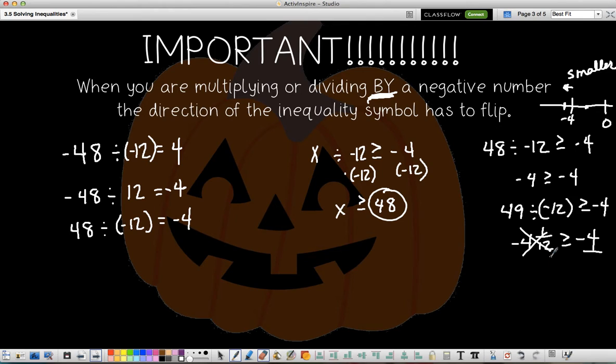That's why the inequality symbol has to flip, because of the fact that you're changing the sign of the solution. So here we had a negative, and since we multiplied by a negative, we changed it to a positive. So because we changed that sign, we have to change the inequality because now we're dealing with a different side of the number line.